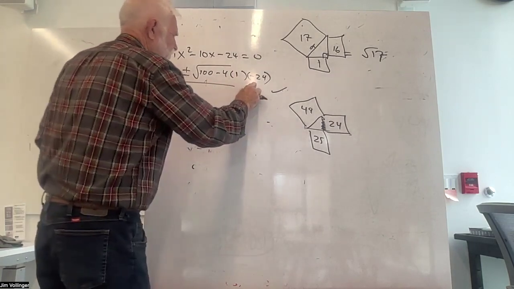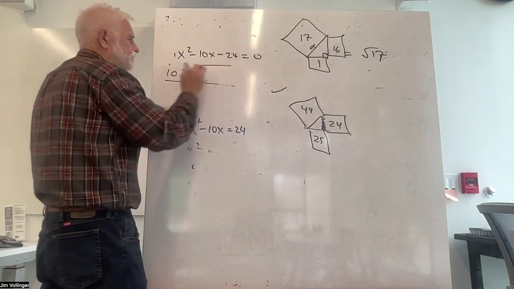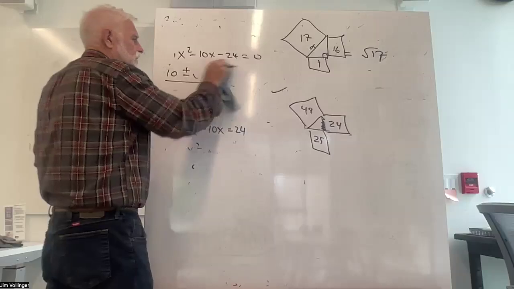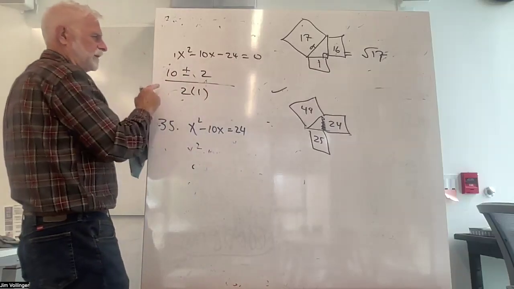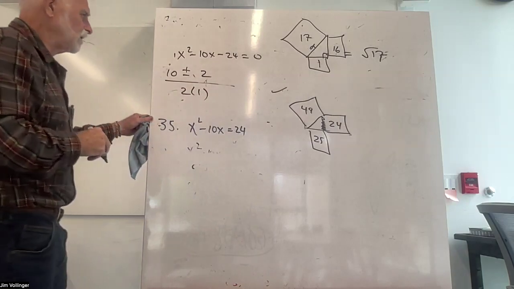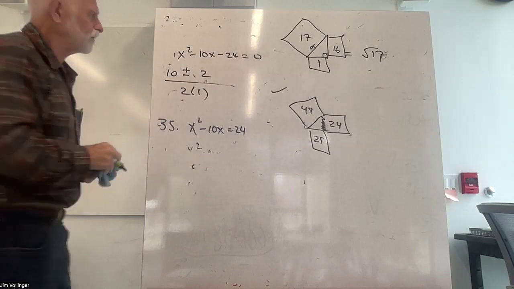I think that's the square root of 4. Hope I did that right. So this is 4 when you do it, which gets me 2. And I'm dividing by 2 times 1, and 10 minus 2, I think I made a mistake here, is 4, so I did make a mistake. Go back and do it out more carefully.